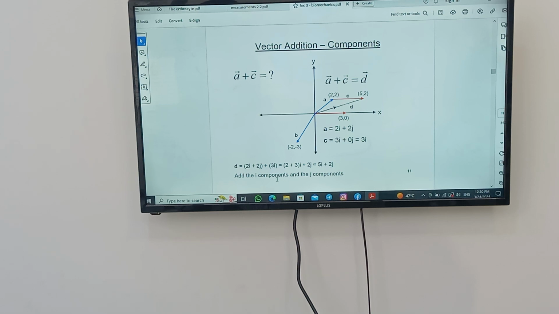We add the i components together and the j components together, because here we have the i component, and the j component is coming out from the base vector.